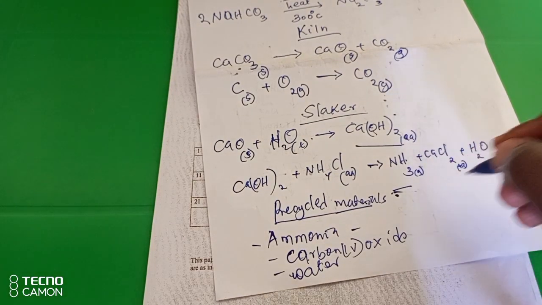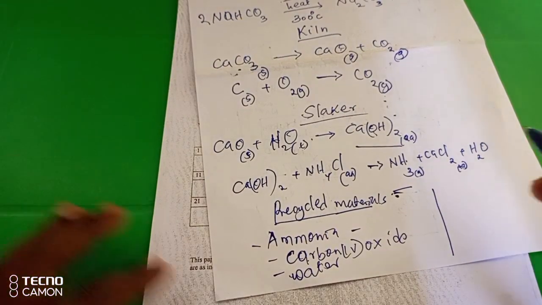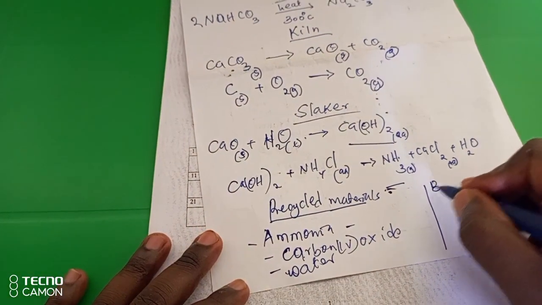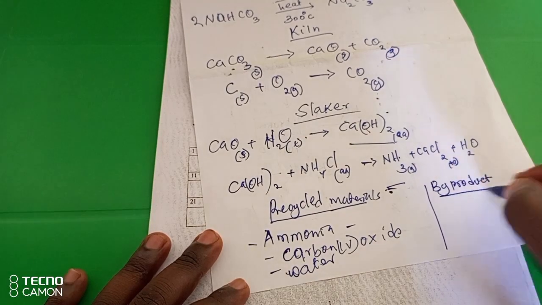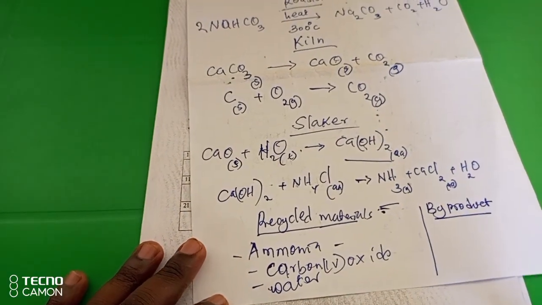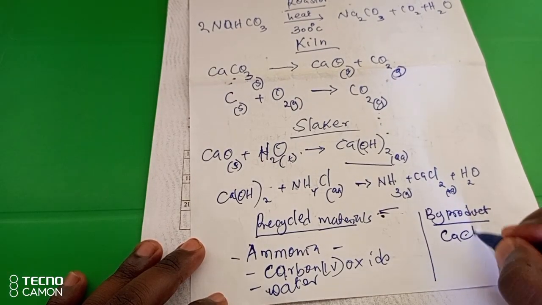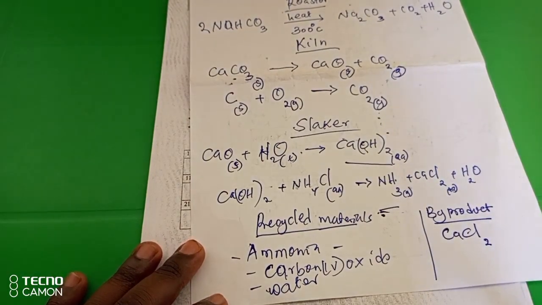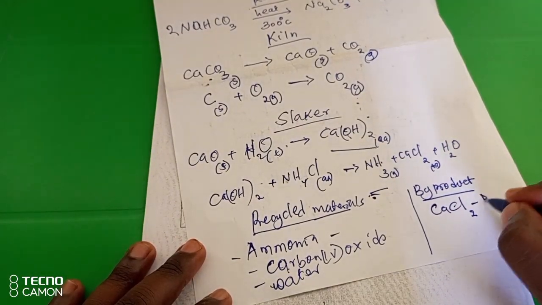Then we have a byproduct. The byproduct which is produced in this process is calcium chloride. It's used as a drying agent.